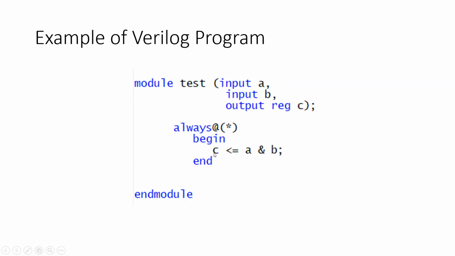From here I'm driving my output C with the logic of my input A bitwise ANDed with my input B using a non-blocking assignment statement. And when we're done, we end the module by calling the keyword endmodule.